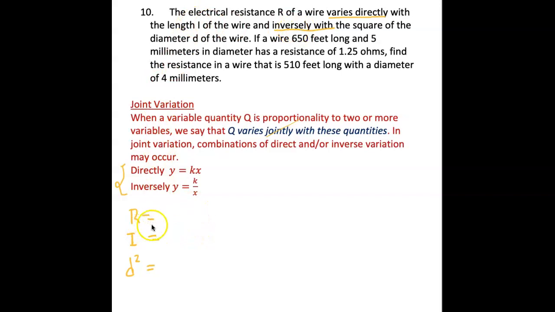Electrical resistance is R. And the l is the length of the wire. Okay. It's just taking the problem and breaking it apart. That way we can understand it better. And then d squared is the diameter of the wire.